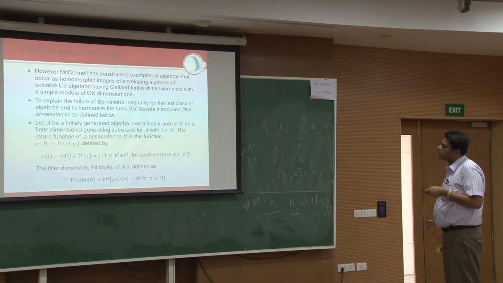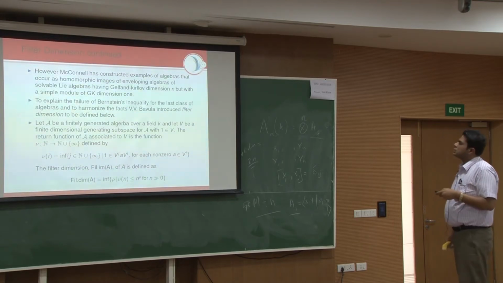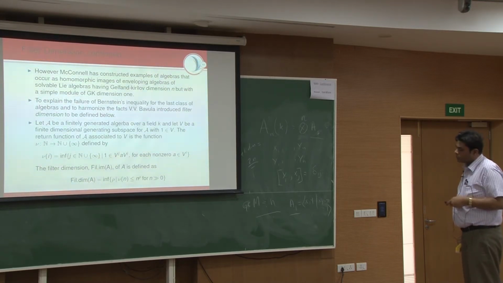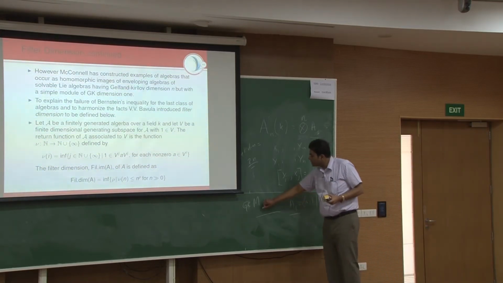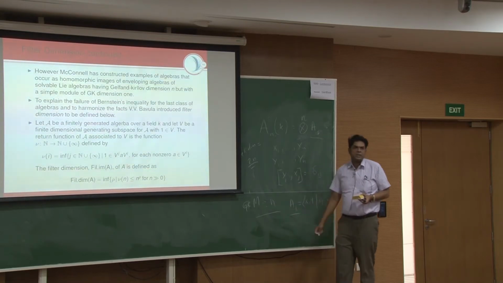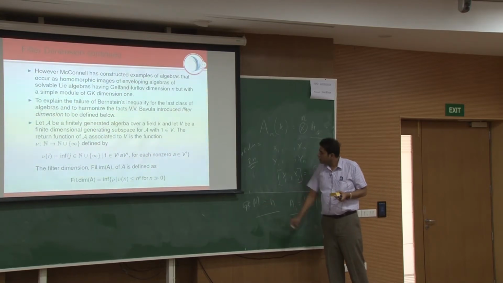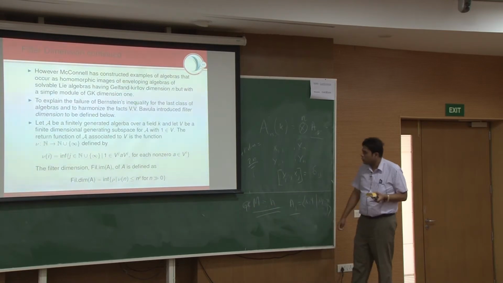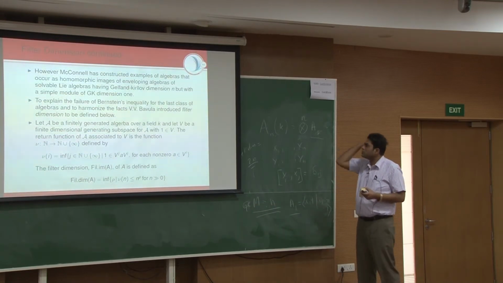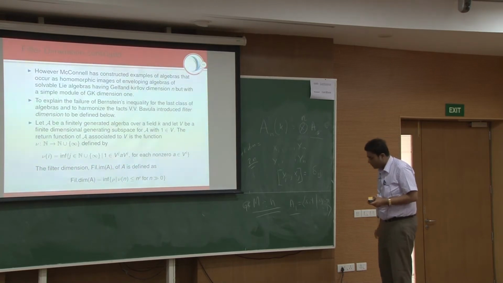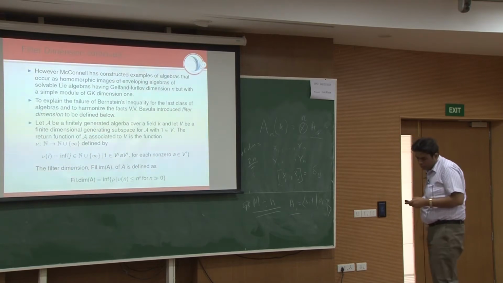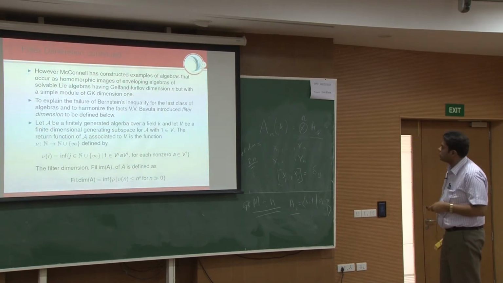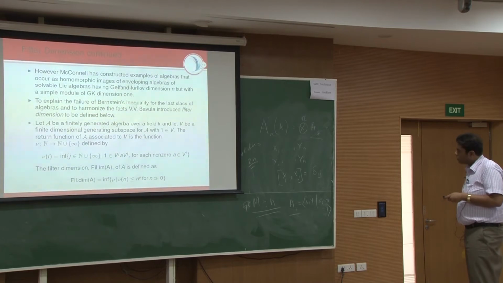Actually there was a belief in the 80s that simple modules will always be holonomic. That means that if we assume this M is irreducible, if it's simple, then GK dimension equal to n will hold. It should be holonomic. But counterexamples were found later. So this belief no longer holds true.